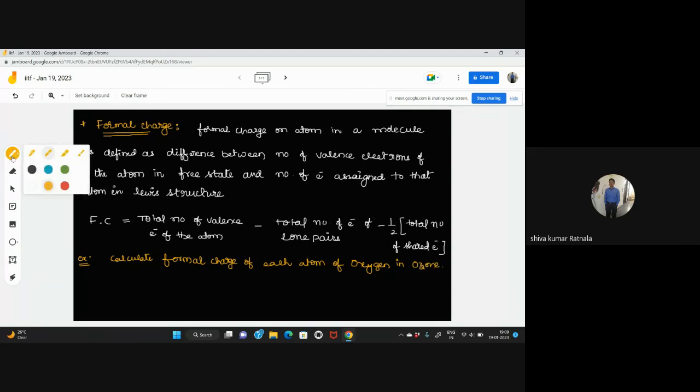Okay, that means he is asking in ozone, we need to calculate the formal charge of each and every atom. First, what we need to do? First, for ozone, we need to write the Lewis dot structure, right?